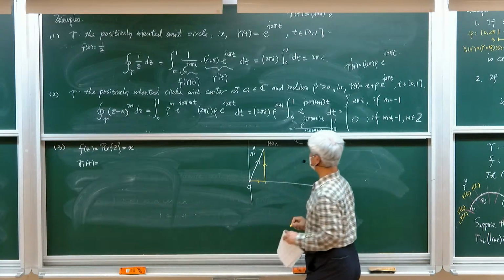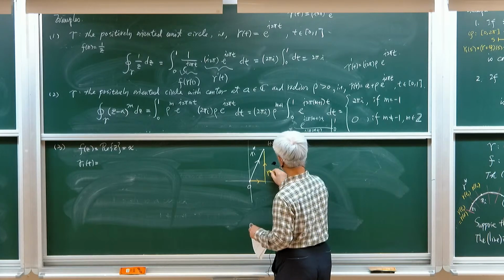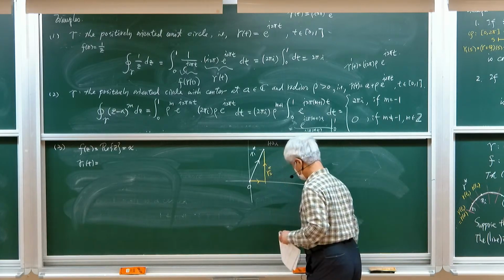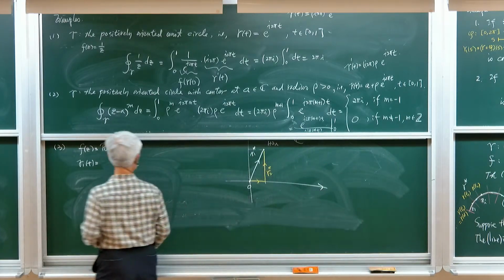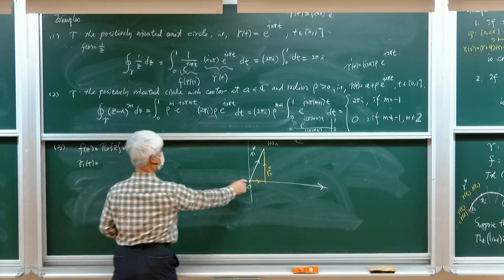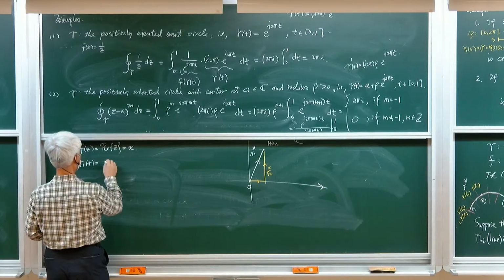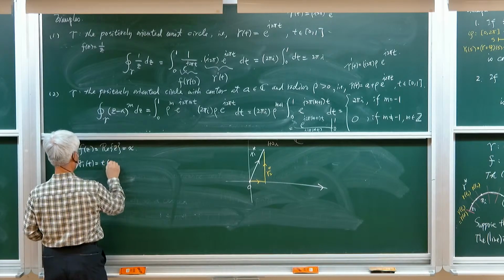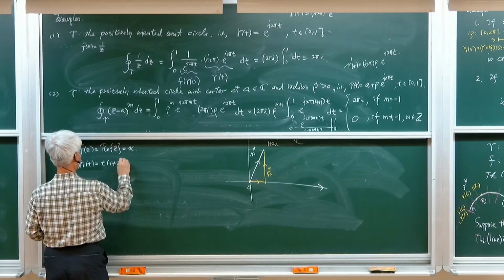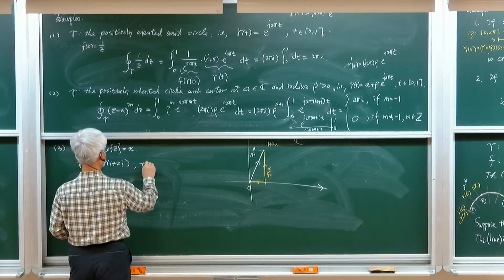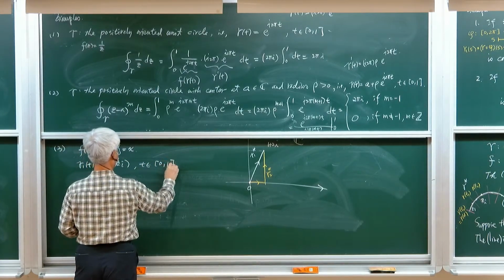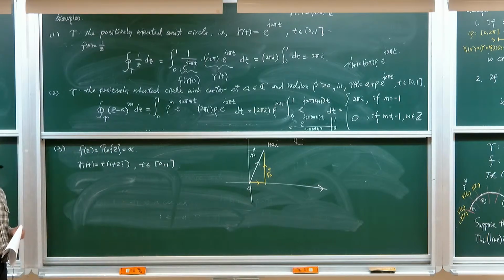So this is gamma 2 star. So gamma 1 is the line segment joining them, so this is t of 1 plus 2i for t in 0, 1.